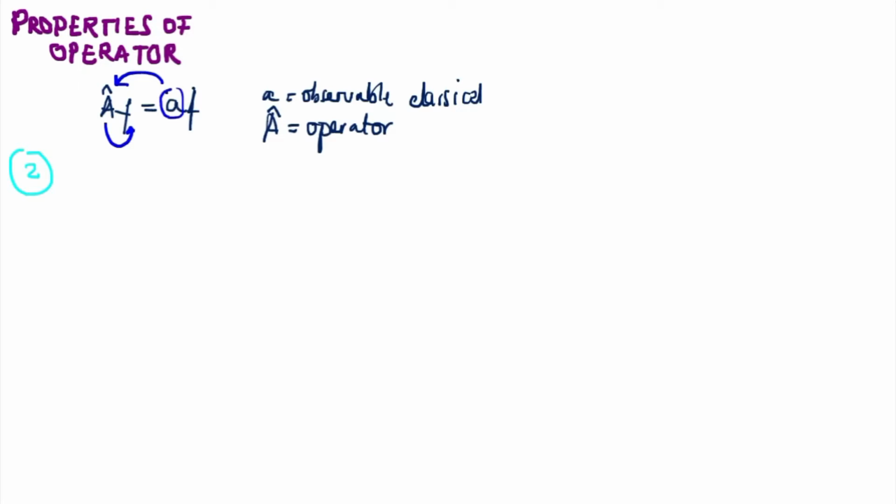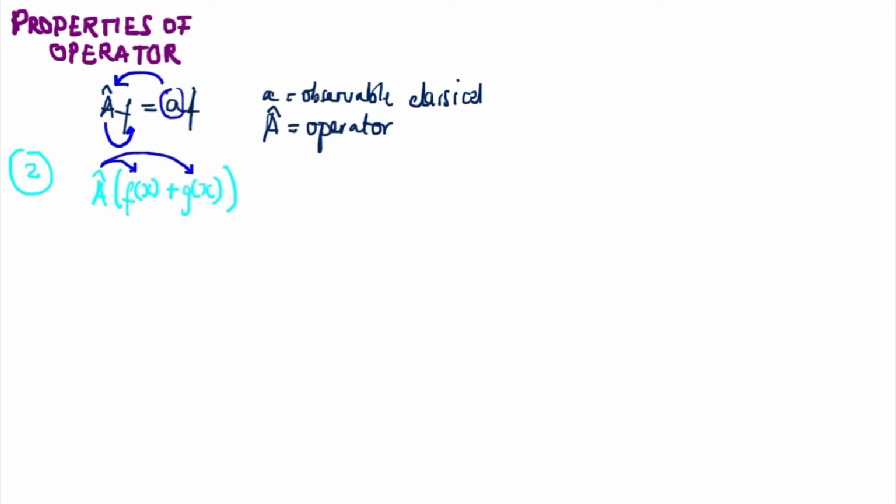Coming in here, we're going to see one case scenario where we have our operator acting on two functions, and take note that these functions are arbitrary functions. What we'll notice is that A is acting on this function, and it's also going to act on that function.